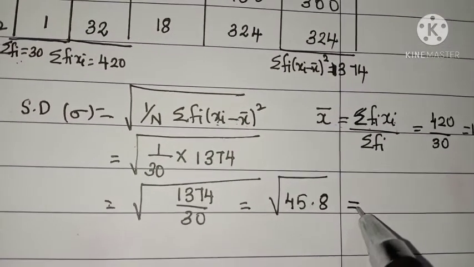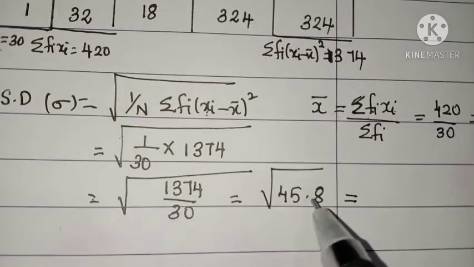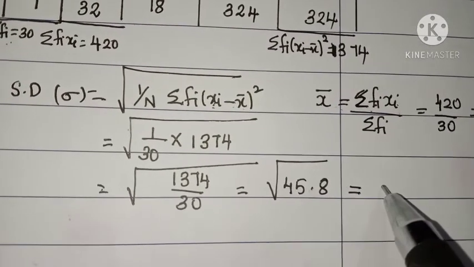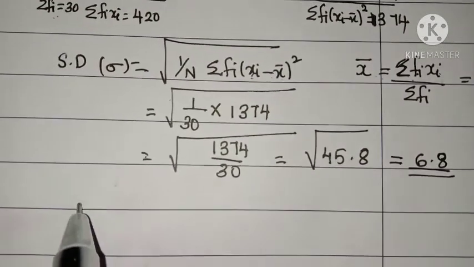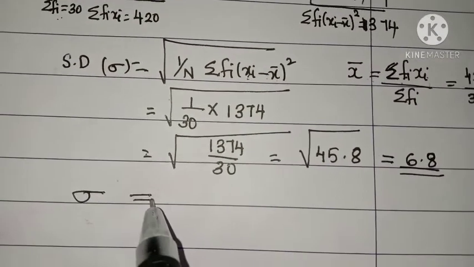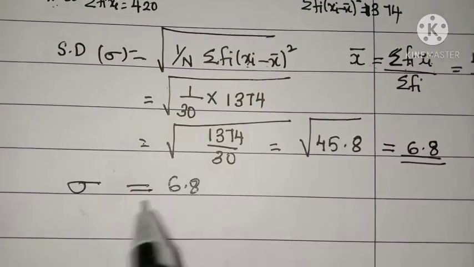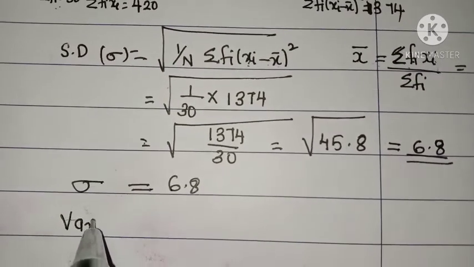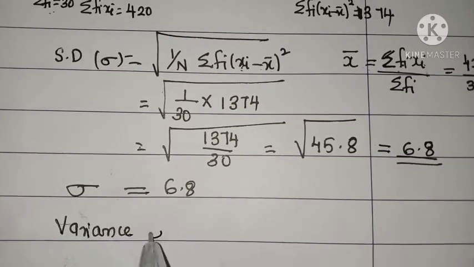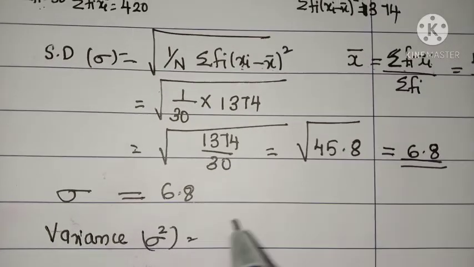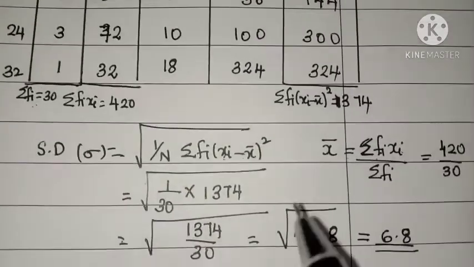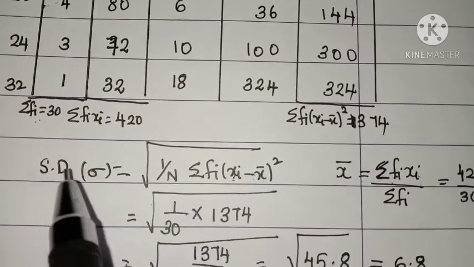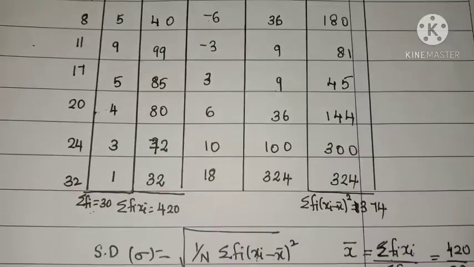Root of 45.8 is nearly equal to 6.77 or 6.8. So standard deviation is equal to 6.8. What is variance? Variance is sigma square, that is 45.8. You have to learn the formula by heart to obtain standard deviation.